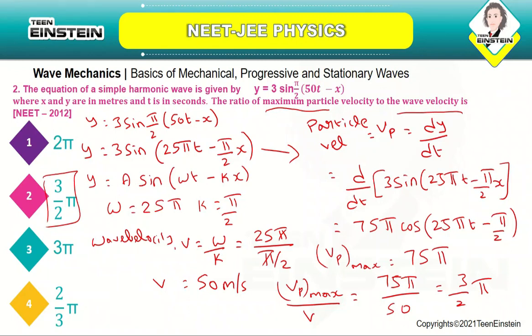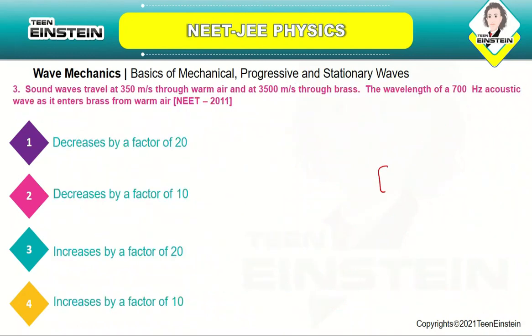Let us now move on to the next question. Sound wave travels at 350 meter per second through warm air and at 3500 meter per second through brass. The wavelength of a 700 hertz acoustic wave as it enters brass from warm air is.